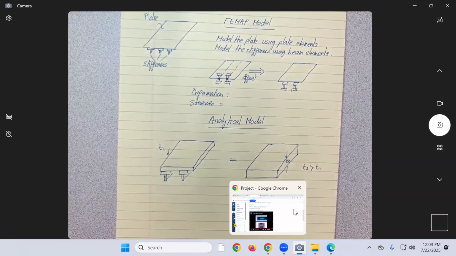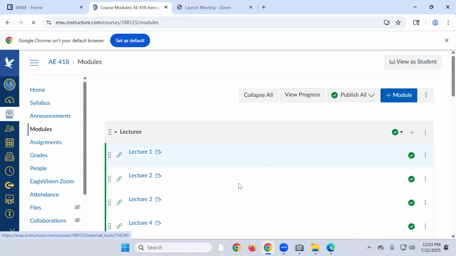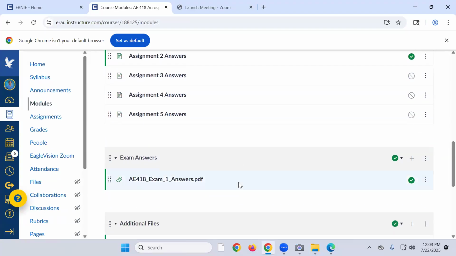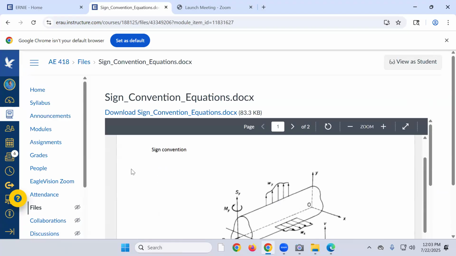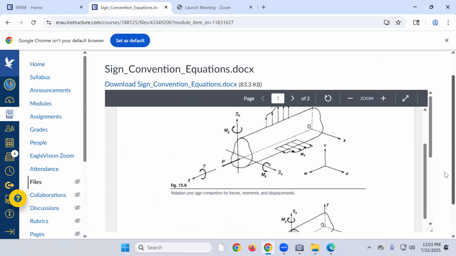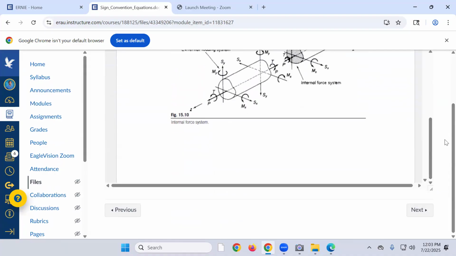So let's go over here to models, and go to the equations.